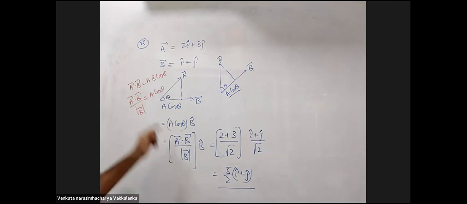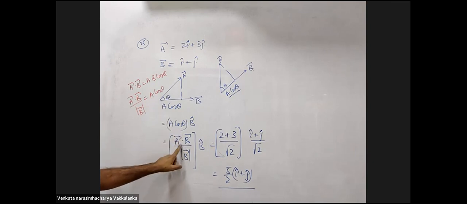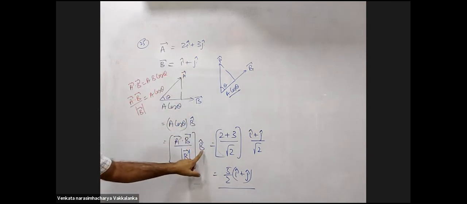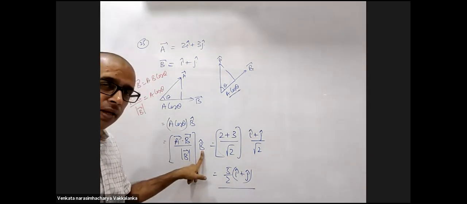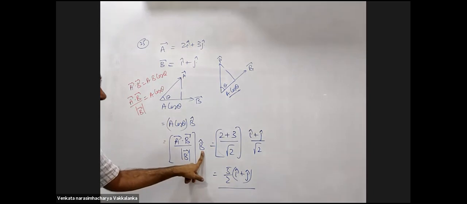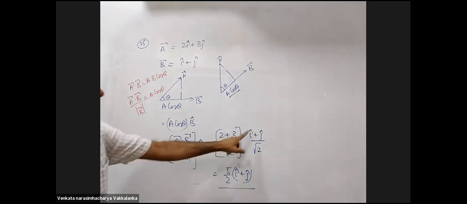I took the dot product, substituted here, and the magnitude of B substituted here. Then the unit vector of B. What is the unit vector of B? Vector divided by its magnitude. Yes, sir.